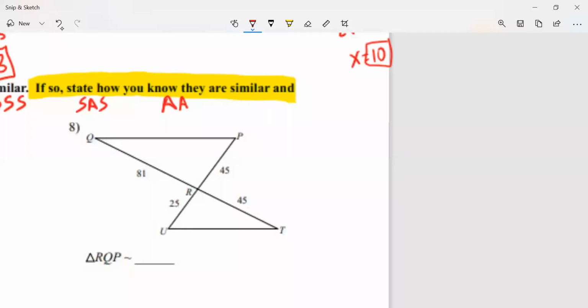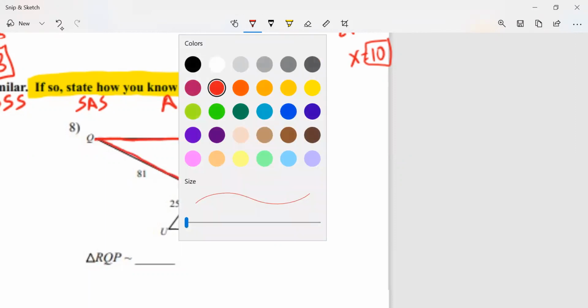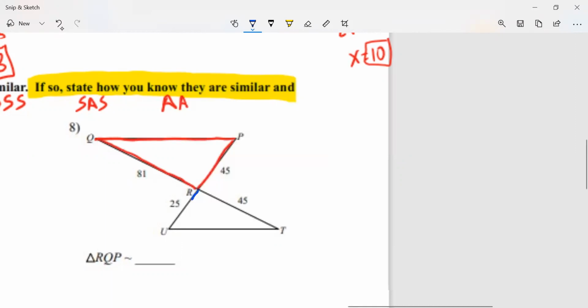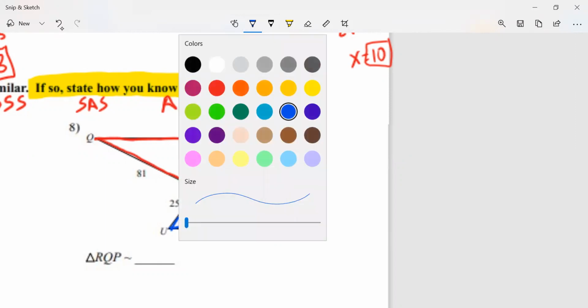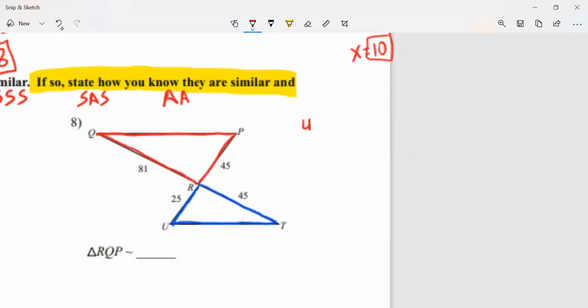Okay, so let's take a look at here. Now, I see a red triangle. And I see a blue triangle. From the red triangle, I only see the measurement of two sides, 45 and 81.